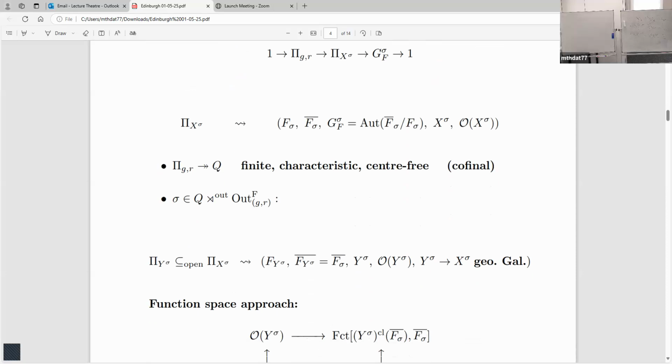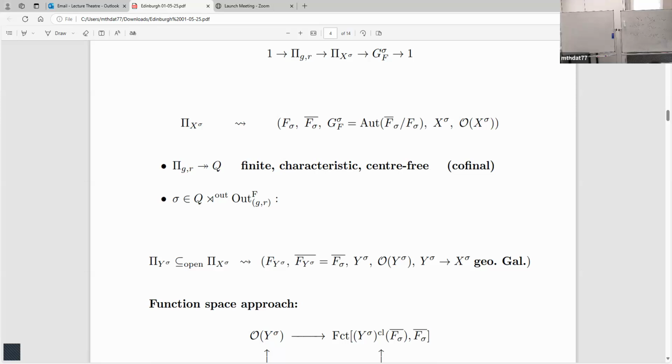More generally, if you have a finite characteristic center-free quotient Q of π^Γ, and an element σ in Out F semi-direct product with Q, then to such an element corresponds an open subgroup of this π_1 of X^σ. And from this open subgroup you construct various objects.